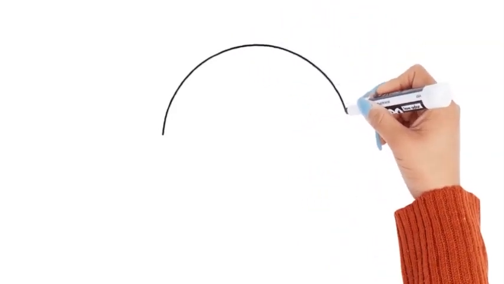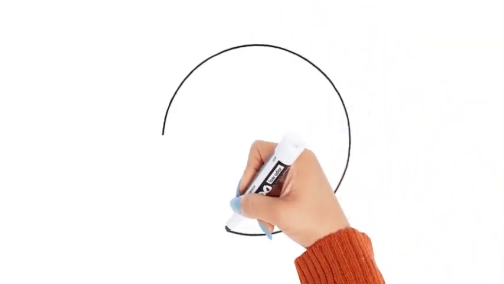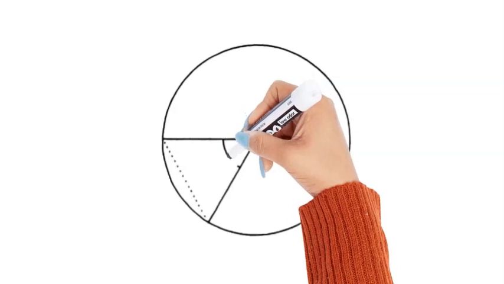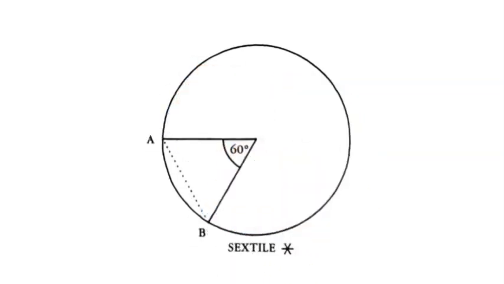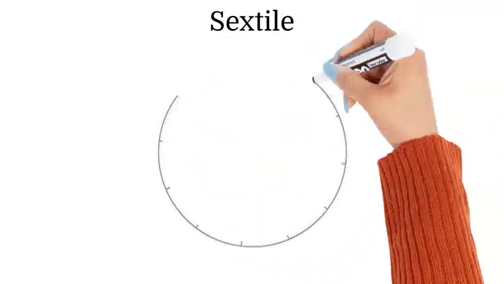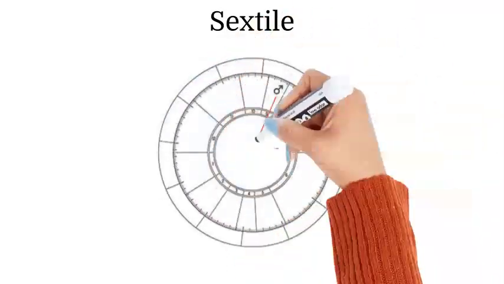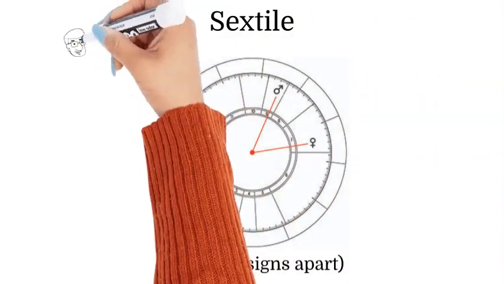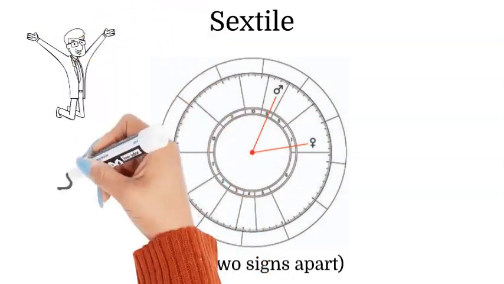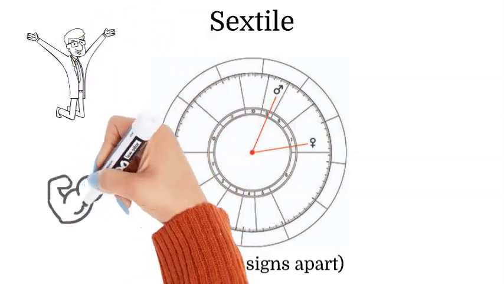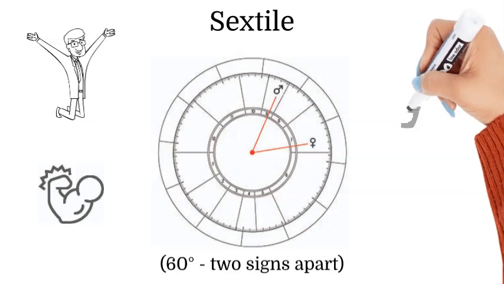Moving on to sextiles. A sextile in astrology is when 2 planets are 60 degrees apart or 2 signs. A sextile is considered a positive or easy aspect, but we need to work for it. Sextiles show us opportunities.